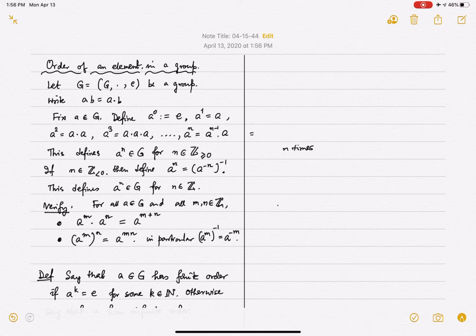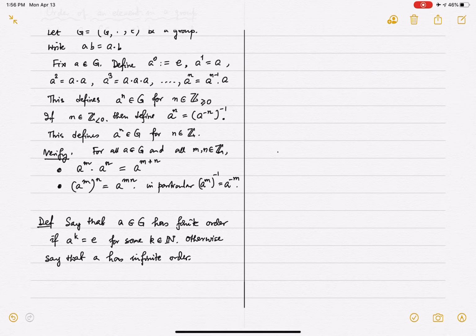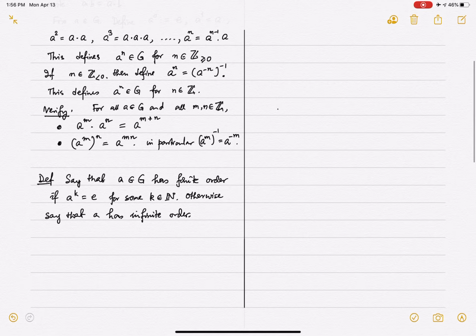And you can verify, here's a little exercise, that a has finite order if and only if two different powers of a are the same.